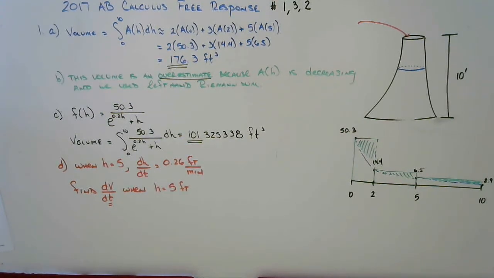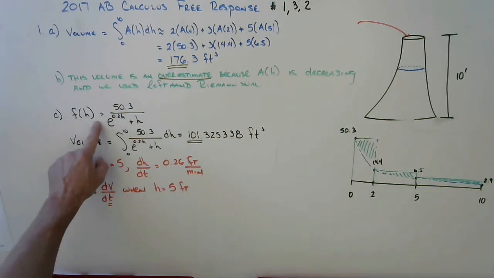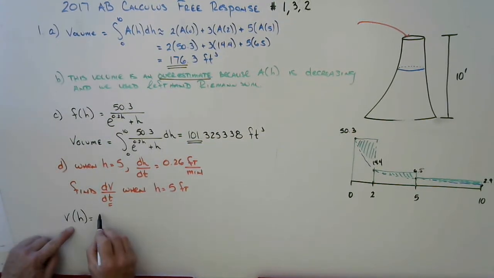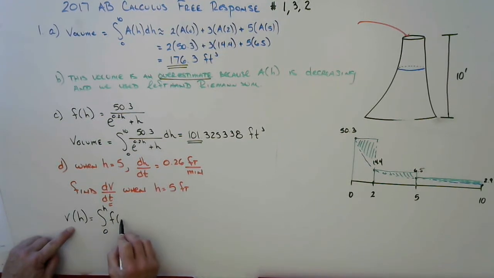Well, we need a formula for volume. This is the formula for area. This is not the formula for volume. The formula for volume is going to be with respect to h, and that's going to be the integral from 0 to h of f. I have to change variables here, so I'm just going to pick x.